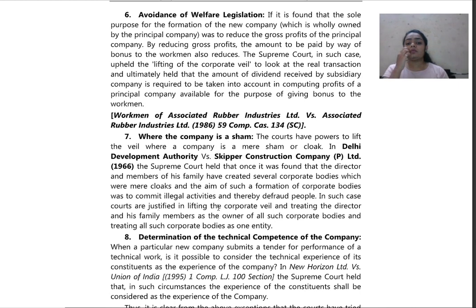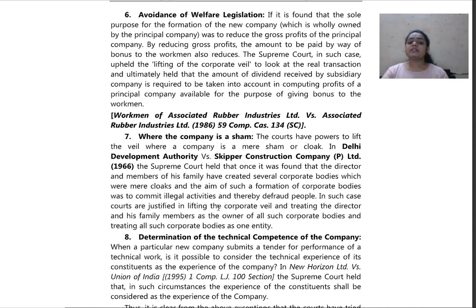So, in this case, which took place between Delhi Development Authority versus Skipper Construction Company Limited, the Supreme Court found that the director and his family members had created several corporate bodies which were cloaks, means which were fake and which were merely for illegal activities, to commit illegal activities with the money of the company.